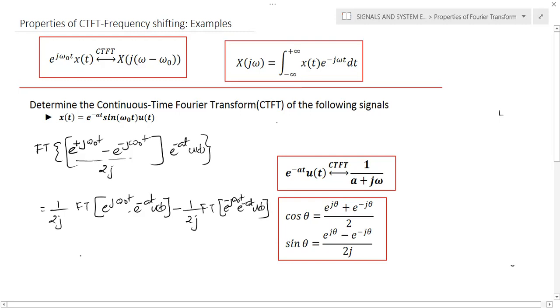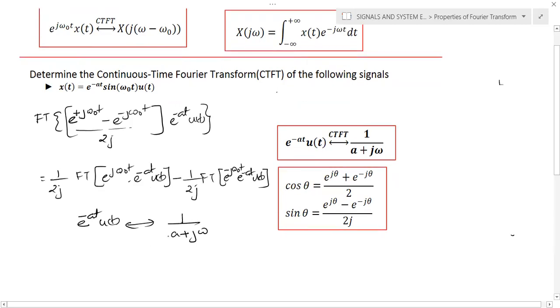And if we take the first case, the transform of e raised to minus at into u of t is, by using the standard result, 1 by a plus j omega. And the second term, if you find out e raised to j omega 0 t into e raised to minus at into u of t, the result becomes 1 by a plus j omega minus omega 0.